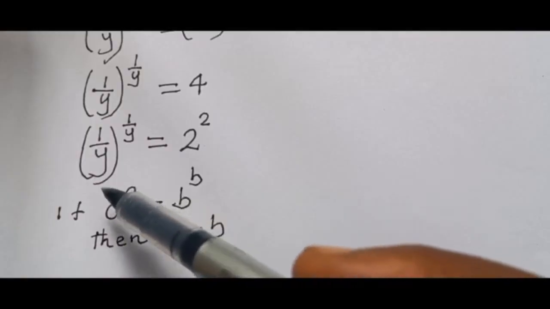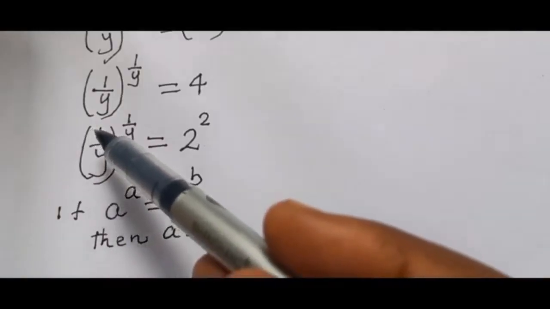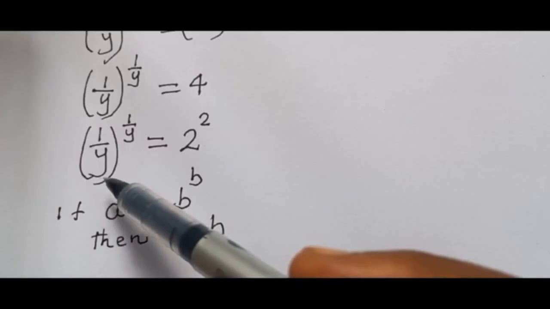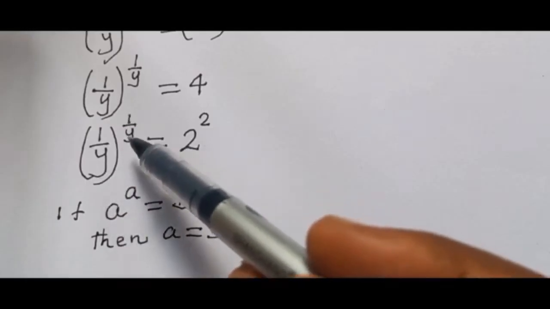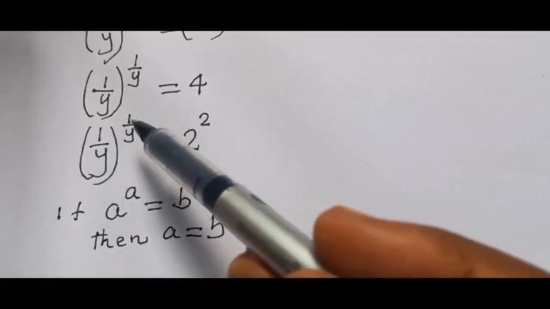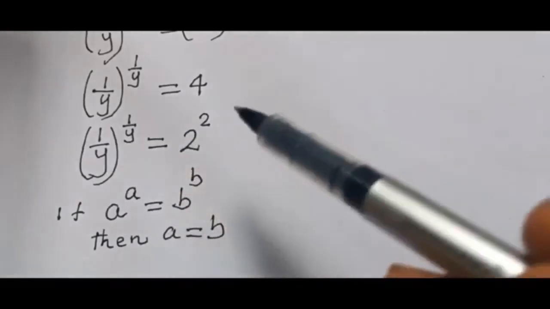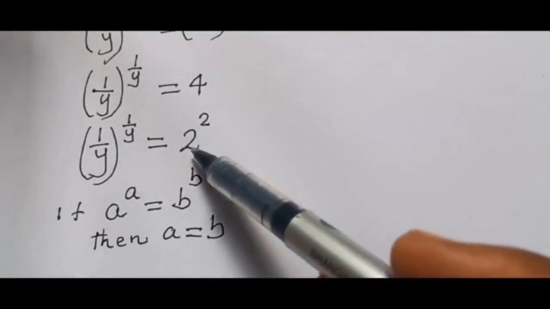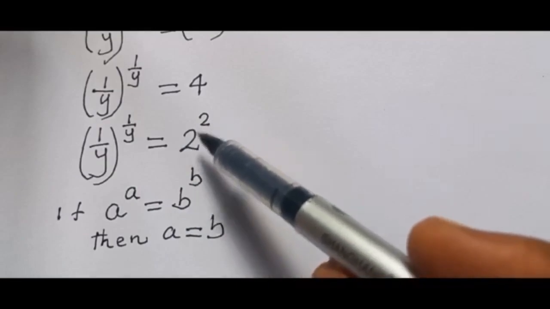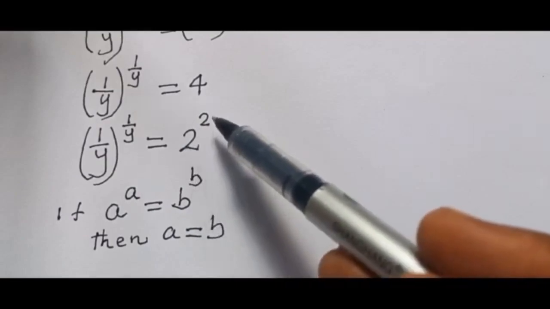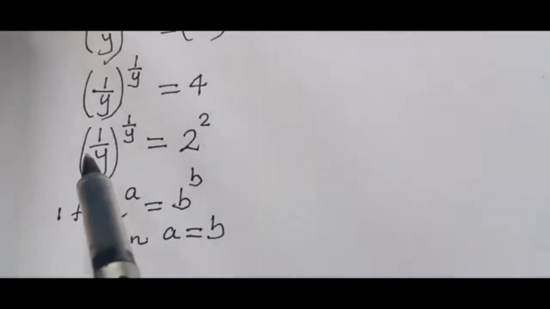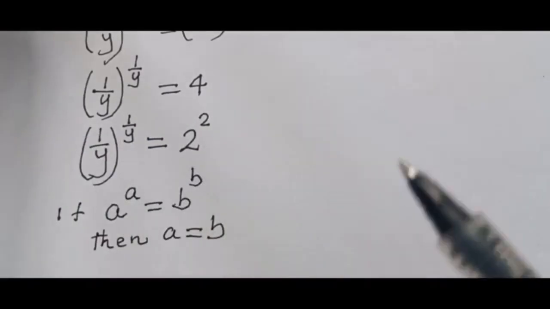As you can see in your question here, we have 1 over y raised to 1 over y. The base and the exponents are equal. The same applies to 2 raised to exponent 2. The base and the exponent are equal, meaning that this one resembles this one.